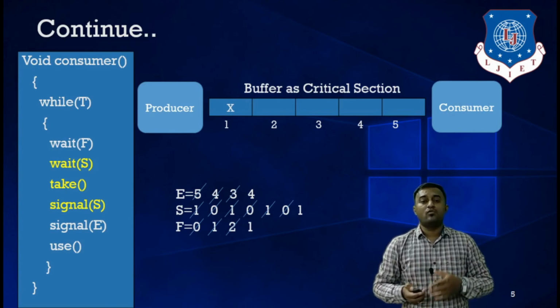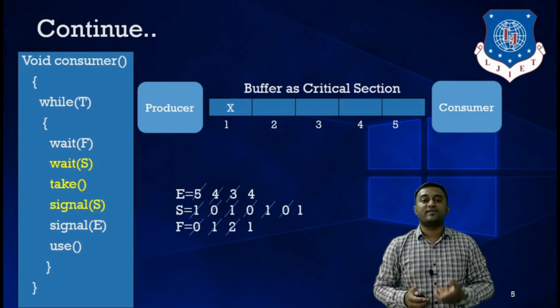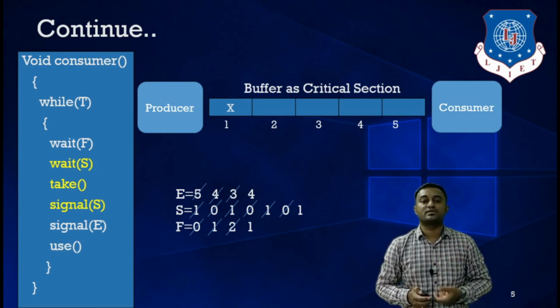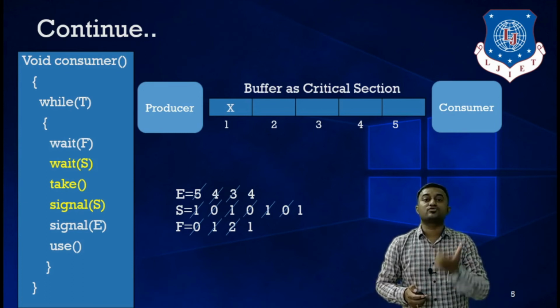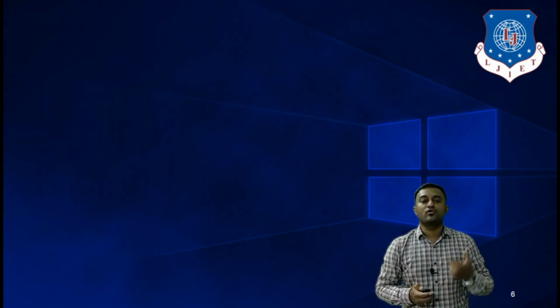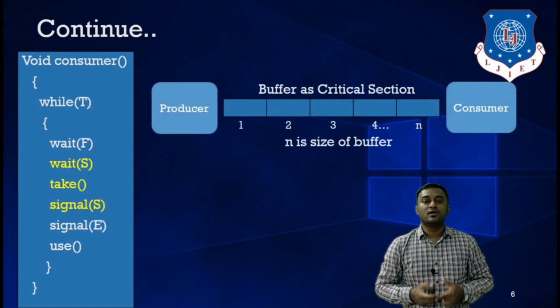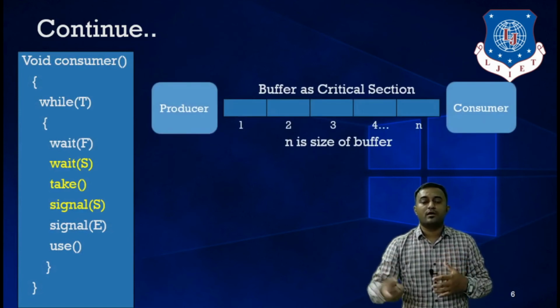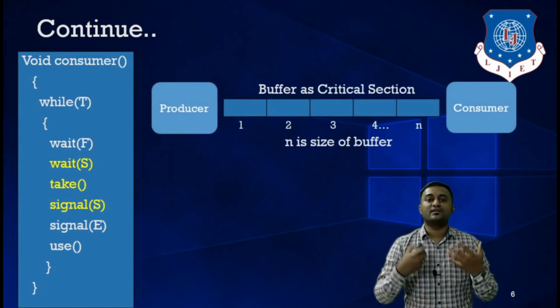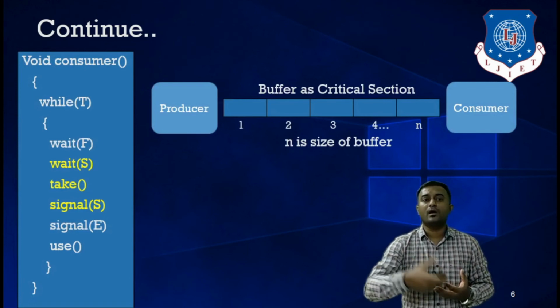Okay, now there are still 2 conditions we need to check as far as the producer and consumer problem is concerned. One is underflow and the second one is overflow. So first of all, we are going to discuss the underflow condition. So what is the underflow condition? We need to check the underflow condition at the time of consumer logic.